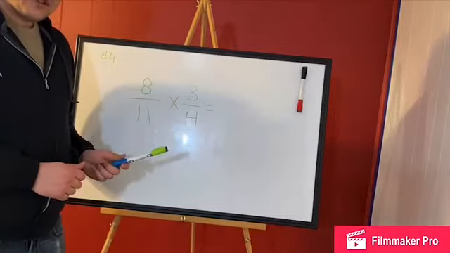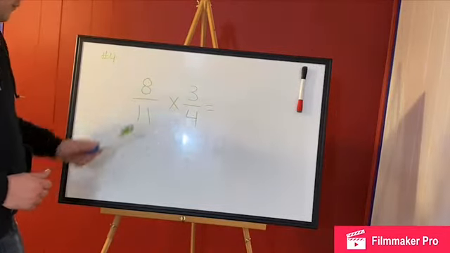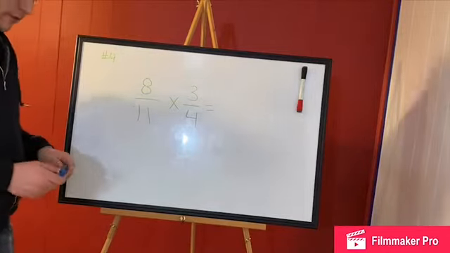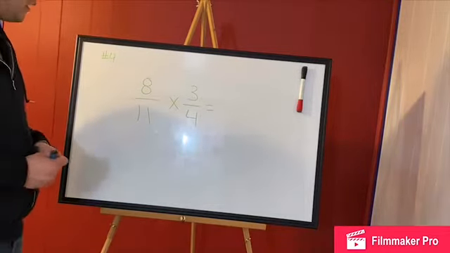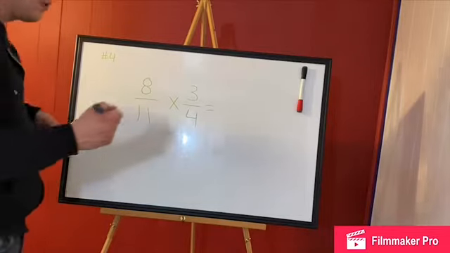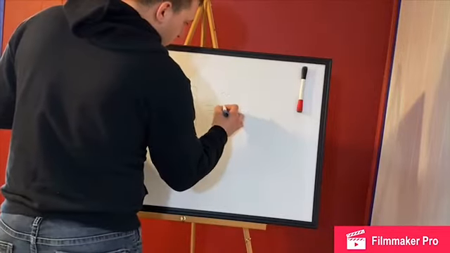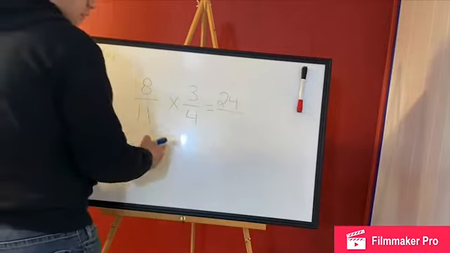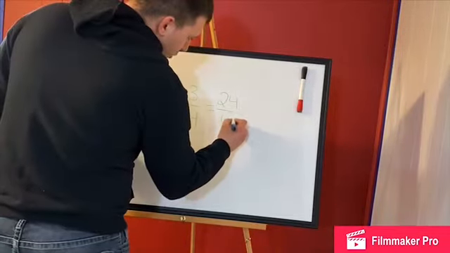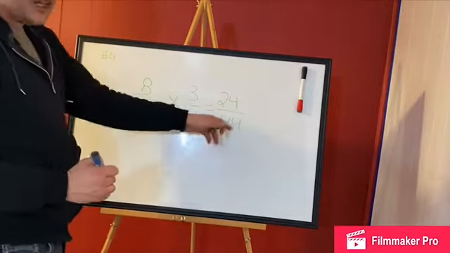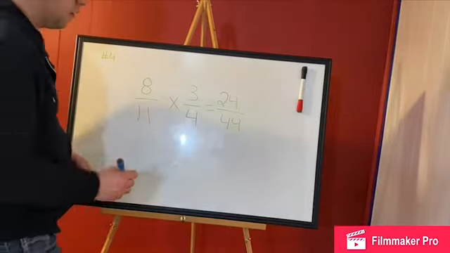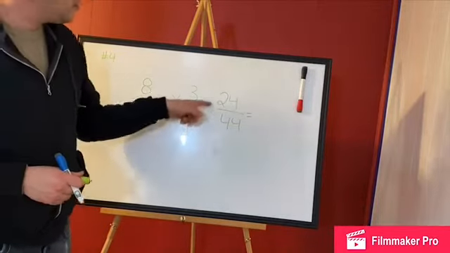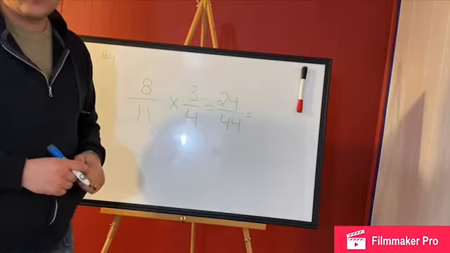Let's look at question number 4. We have 8/11 times 3/4. Let's multiply the numerators together. 8 times 3 is 24, over 4 times 11, 44. Now, we can reduce this. What number can go into both 24 and 44?